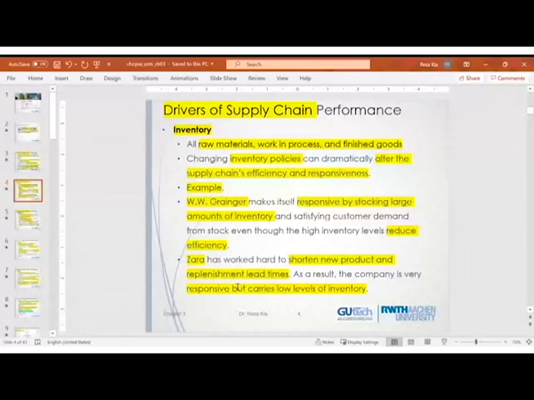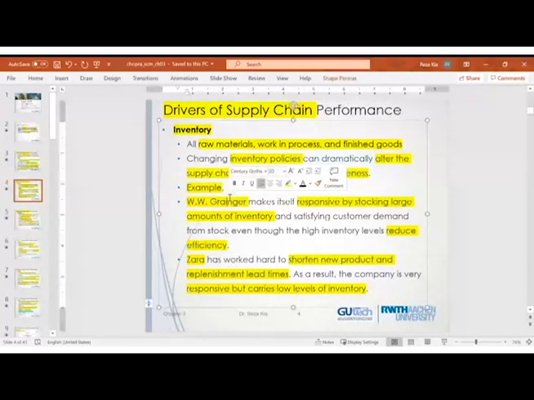One example is Grainger. They wanted to have a responsive supply chain, so the amount of inventory in their warehouse is high. On the other side, you can expect that the efficiency is low. So in these retailers, stock is high, which means responsiveness is good but efficiency is reduced.